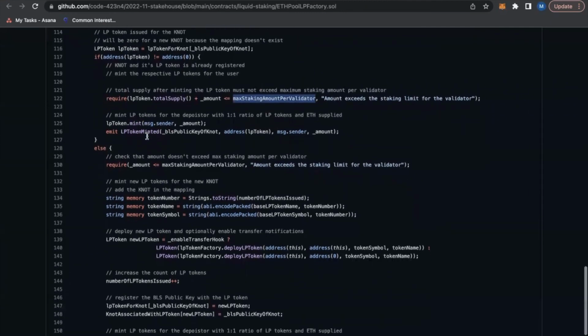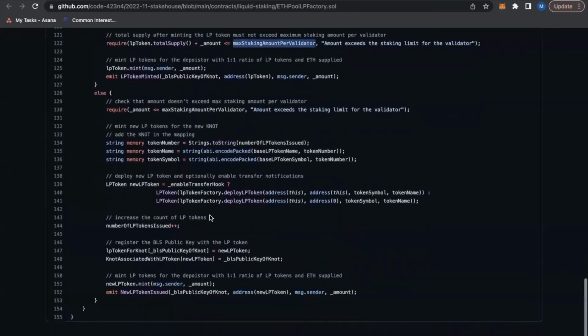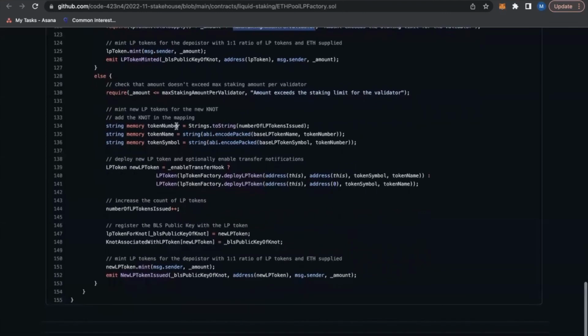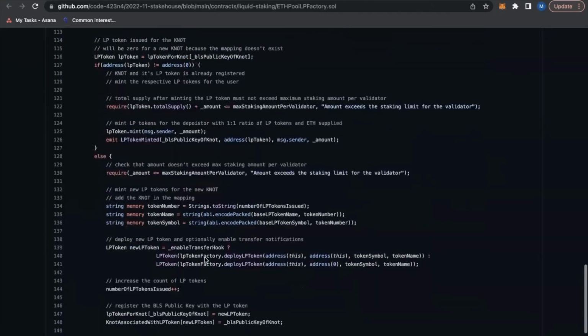But in case you were depositing for a new BLS public key, this block happens here. Basically, it will mint a new LP token, because there didn't exist any, if you are the first taker for a BLS public key. For the new LP token, it will see whether the transfer hook was enabled or not. Then it will deploy the LP tokens, and then it will mint you the resulting LP token. So yeah, that's it.